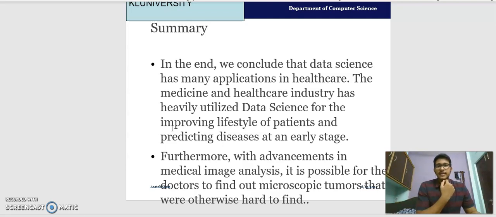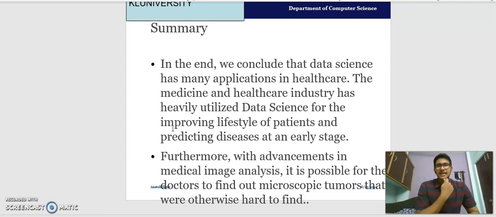Because of these data science techniques, they are identifying those microscopic diseases, and they are curing the patients by providing particular medicines based upon these techniques.